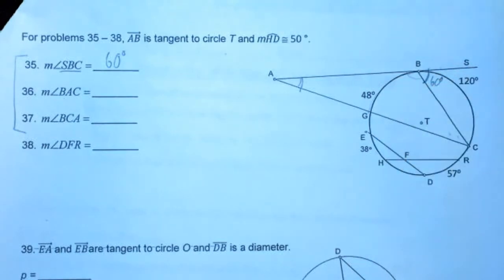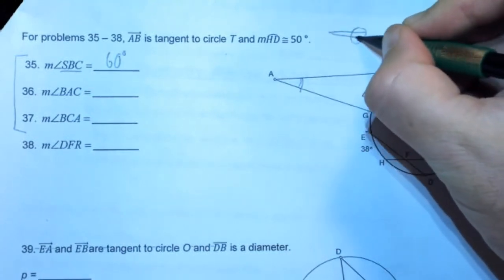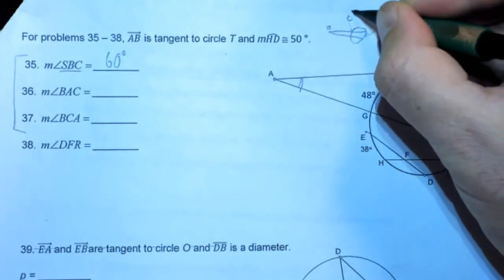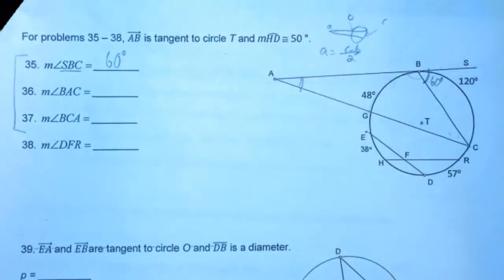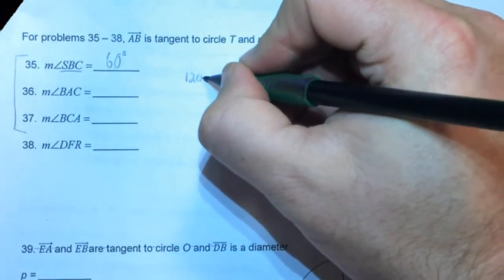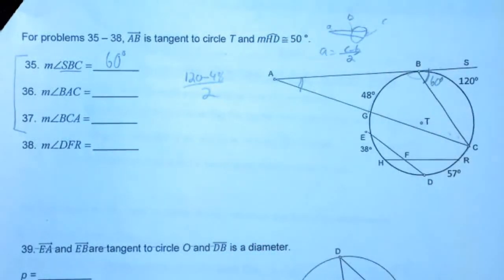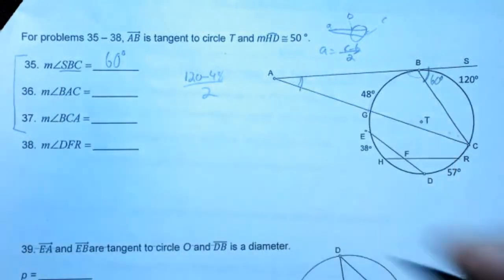This is 48 degrees. So that was when we had, let me just draw it on the paper here, that if this was A, this was B, and this one was C, then A equals C minus B all over 2. It's almost like that modified average. So we're going to do 120 minus 48 all over 2. Let's just do that quickly on the calculator. 120 minus 48 divided by 2 gives me 36 degrees.